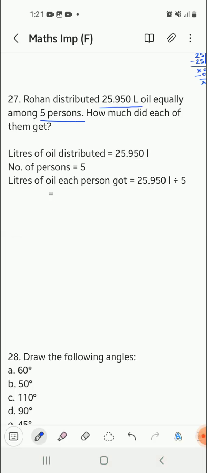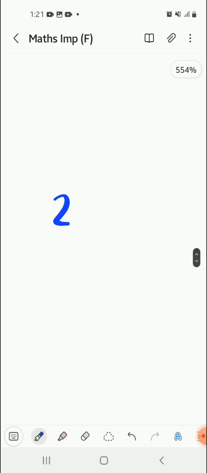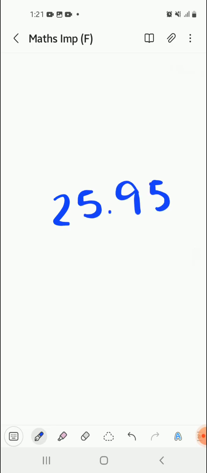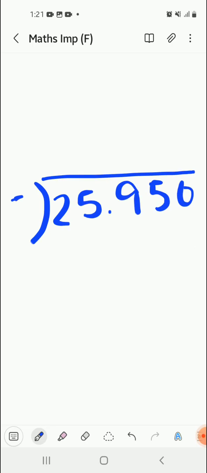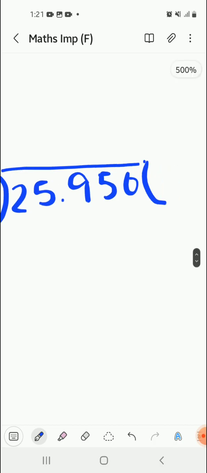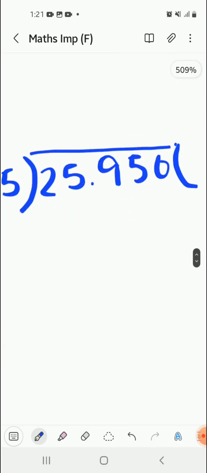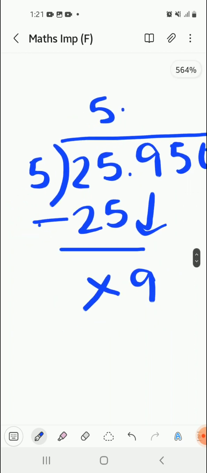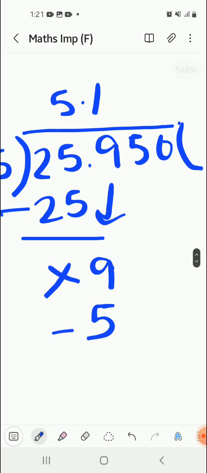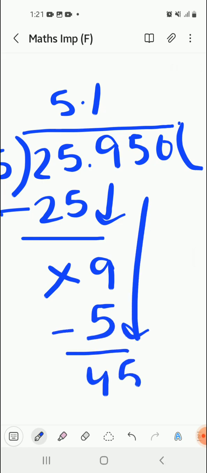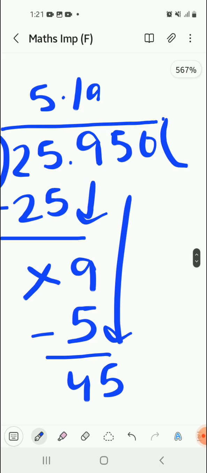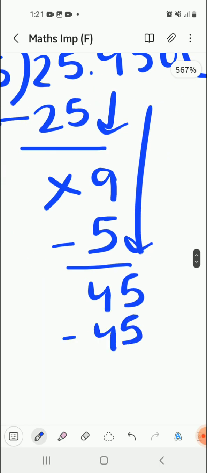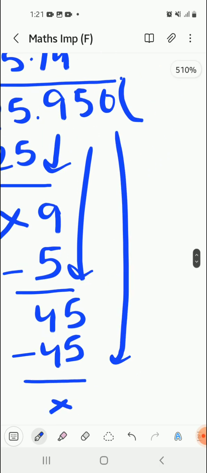So for that we have to divide it. 25.950 divided by 5. 5 into 5, 25. There's decimal point, so it will shift. Next number is 9. 5 into 1, 5, 4. Again 5. 5 into 9, 45. Then there is 0.